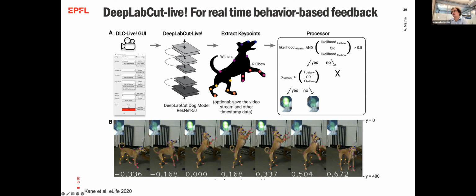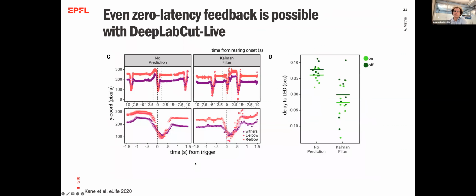So how could we predict so quickly, based on no visual information, that the dog will be reared? Of course, we do a forward prediction of the behavior. And so we've built this into DeepLabCut Live, so we can forward predict behaviors and based on that trigger something. And this is actually kind of fun because this way you can do, for example, an optogenetics experiment or whatever you want to do with sub-zero latency.